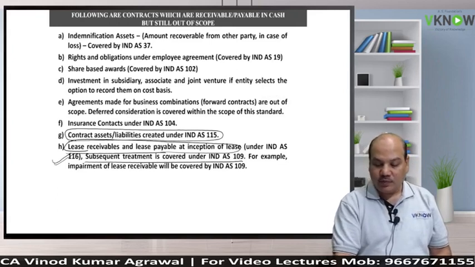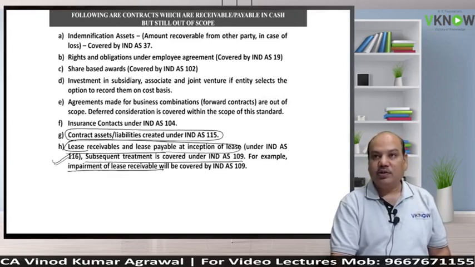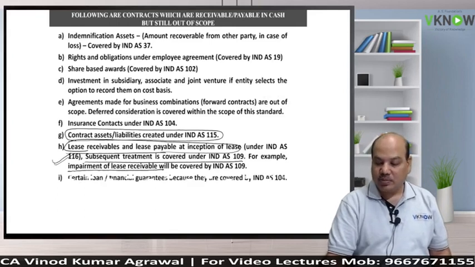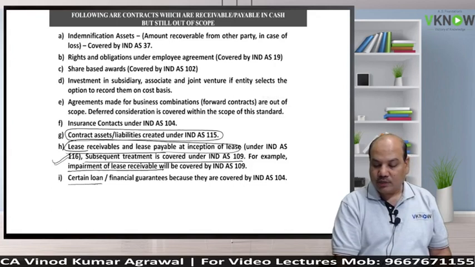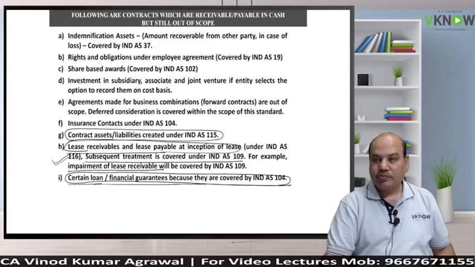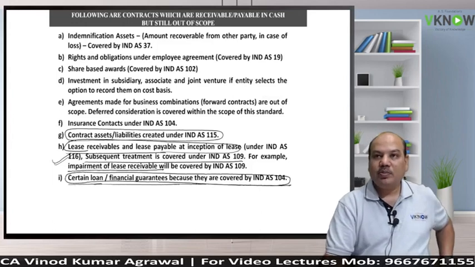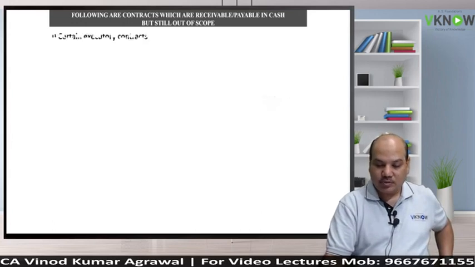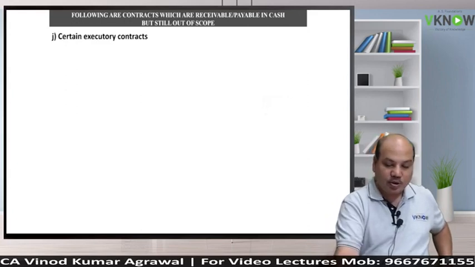Similarly, if there is any impairment of lease receivable, that will be covered by Ind AS 109. Certain loan and financial guarantee contracts which are covered by Ind AS 104 will not be covered by this standard. Okay. And now you tick mark important.